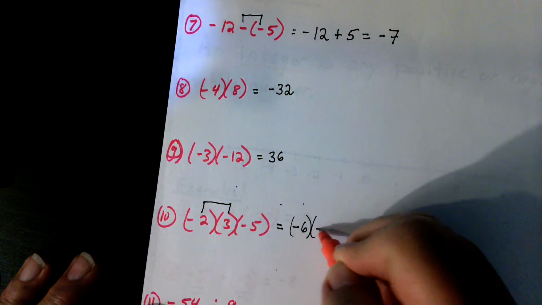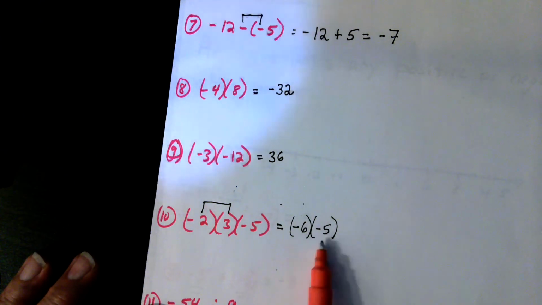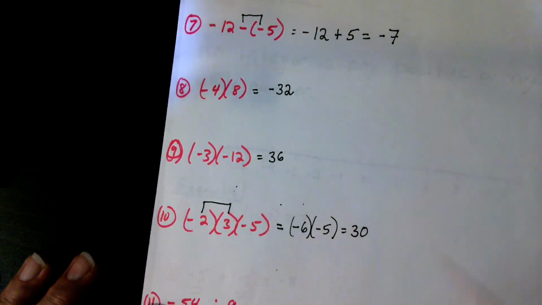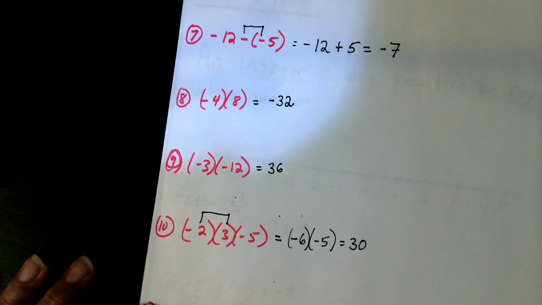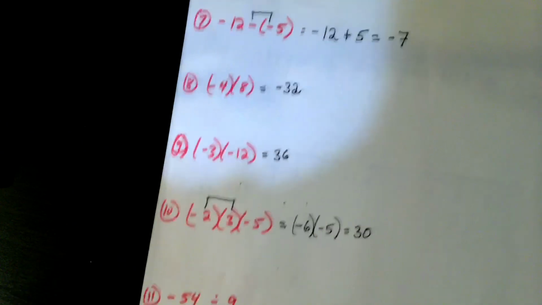Then we still have times the negative 5. And remember, a negative times a negative is a positive. So negative 6 times a negative 5 is a positive 30. So when you're multiplying, a negative times a negative is a positive. A positive times a negative is a negative.